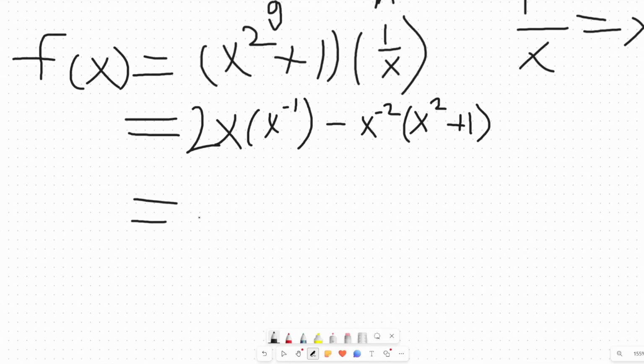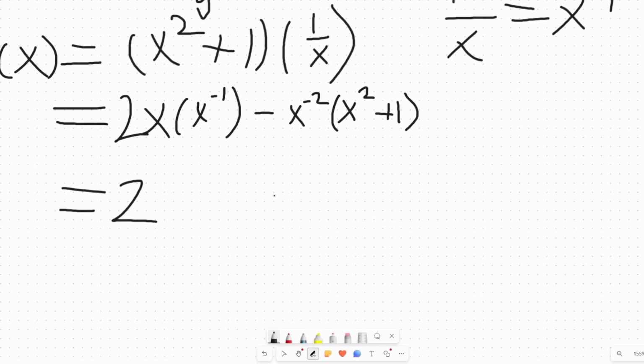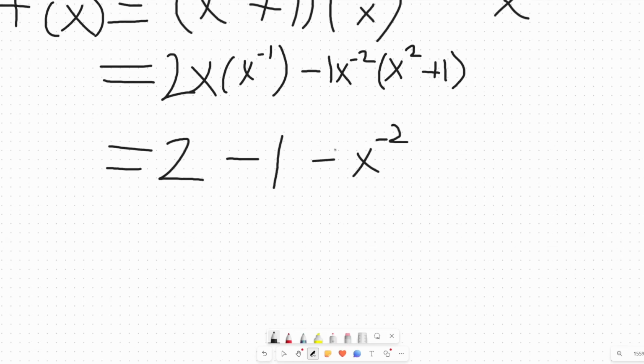All right, so now that we have that, so 1 minus 1 is 0. So we just have 2. So the x's cancel each other out here. So we have 2, and then minus, oh, what's that? The x's cancel out again. So 2 minus 1, because there's a 1 right here. 2 minus 1 minus x to the negative 2.